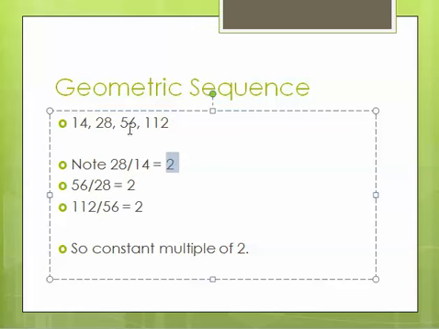If you take 56 divided by 28, you get 2. And if you take 112 divided by 56, you get 2. So it has a constant multiple of 2. That's the definition of a geometric sequence. It's where it's constantly being multiplied by the same number, and it's growing that way.